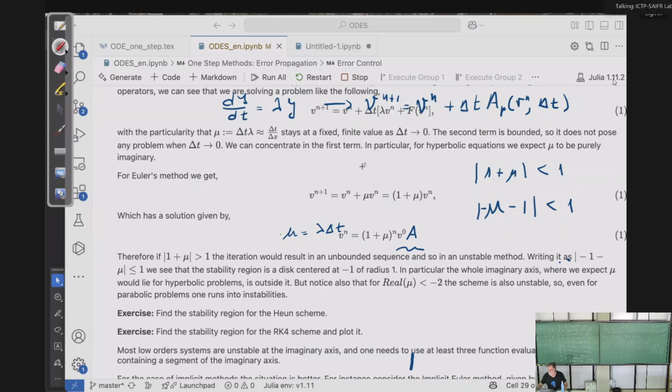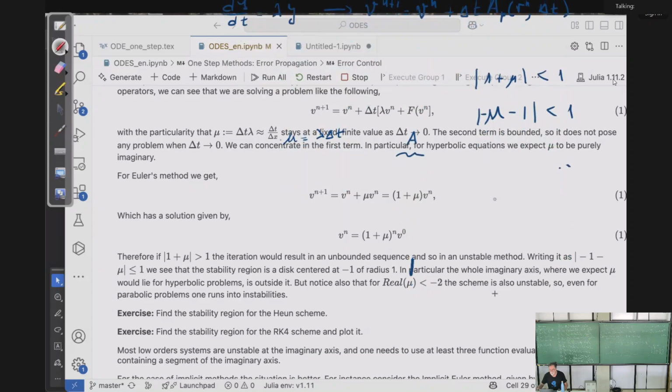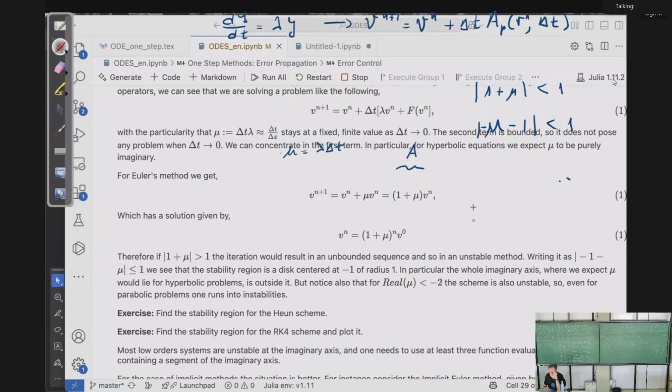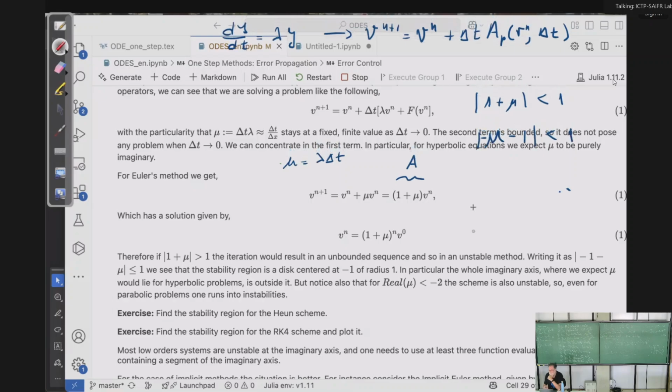Mu can be any complex number, so this just says that in the complex plane, this should be, I think I have a wrong sign somewhere. No, it's okay. So the stability region is some region around the point -1.